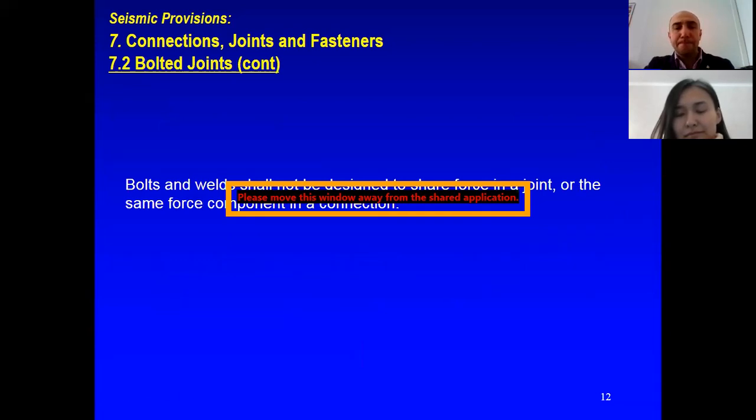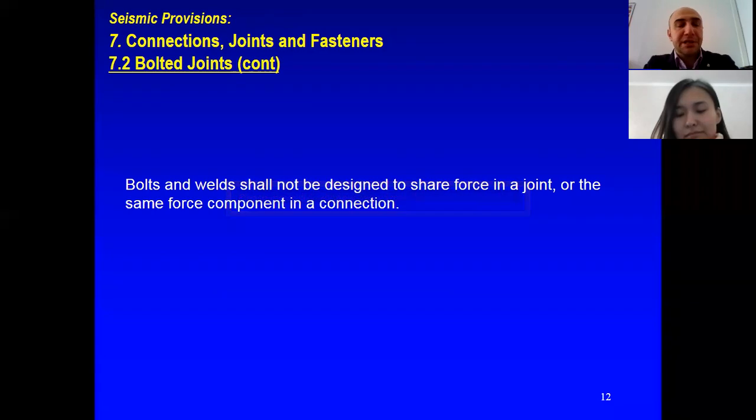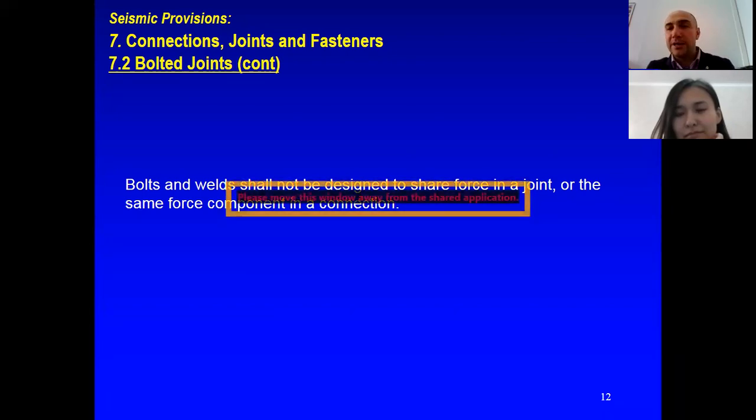So, in general, bolts and welds do not share forces in a predictable manner. This is because welded joints are very stiff and will resist load immediately upon application.